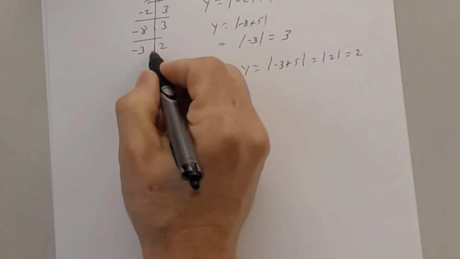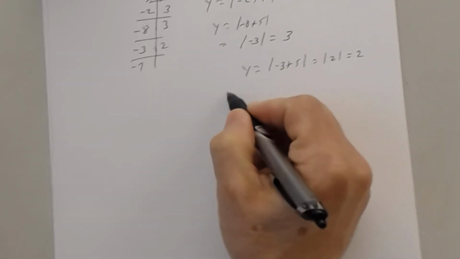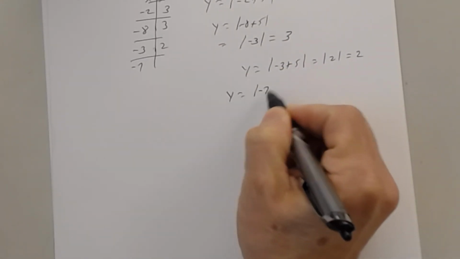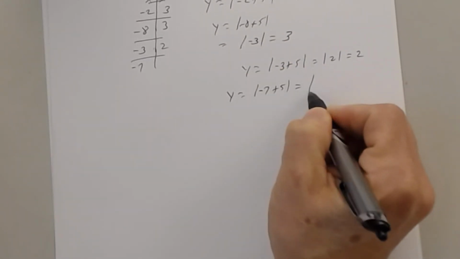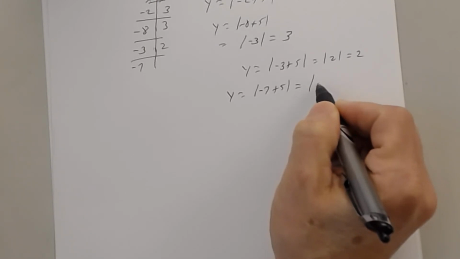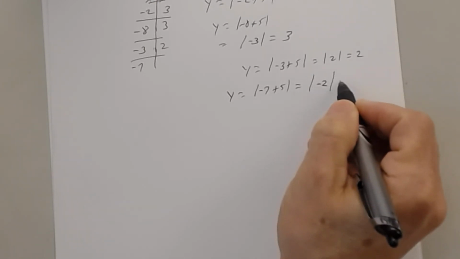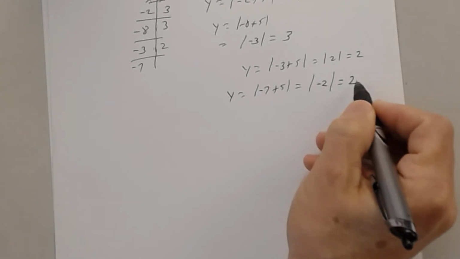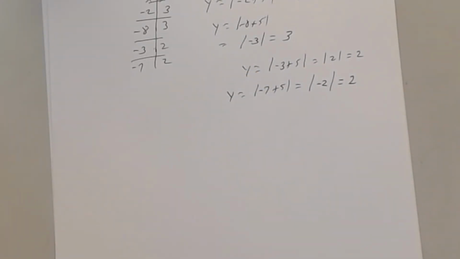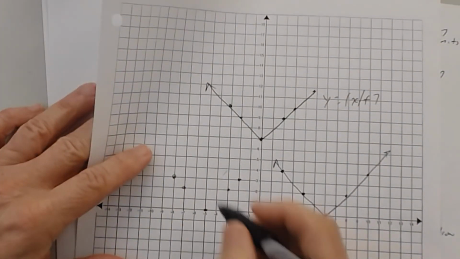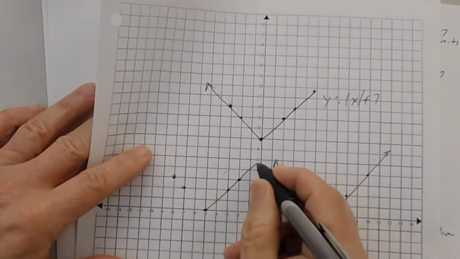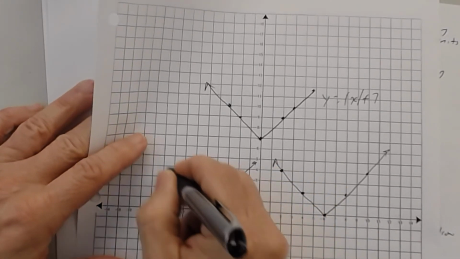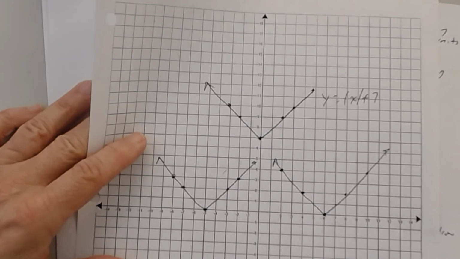If x is negative 7, I get y equals the absolute value of negative 7 plus 5. What's negative 7 plus 5? Negative 2. What's the absolute value of negative 2? 2. Then you plot that point, which you already did, and you draw your line. I mean, you draw your ray, your V.